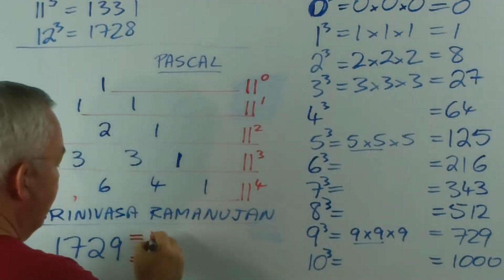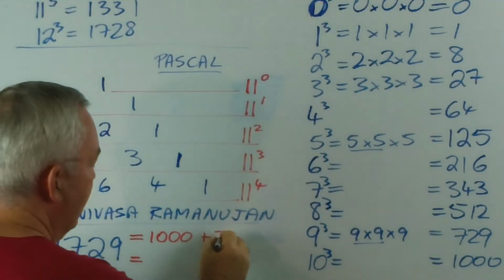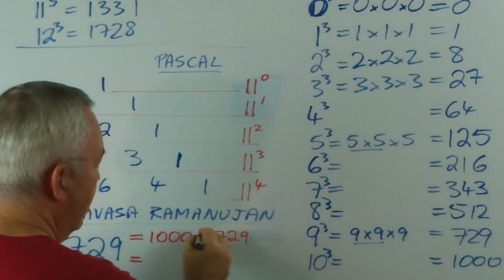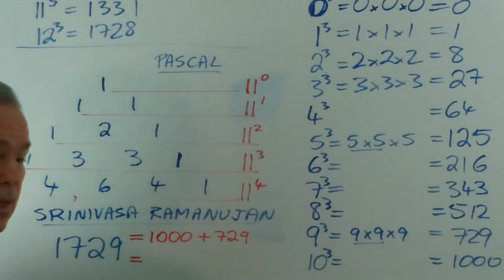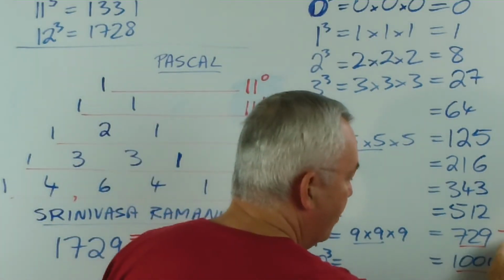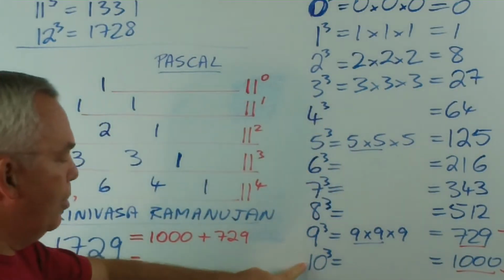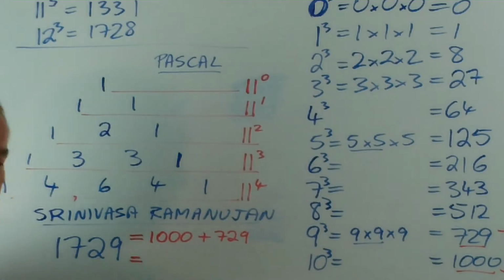And what he was pointing out is this, that 1000 plus 729 makes 1729. Well, that's not difficult. And these are these two numbers. So 9 cubed plus 10 cubed makes this number.